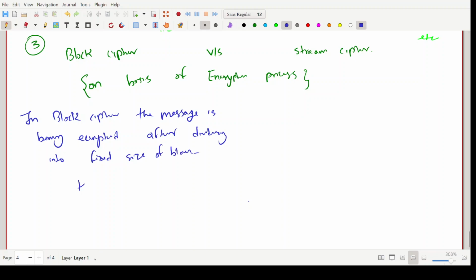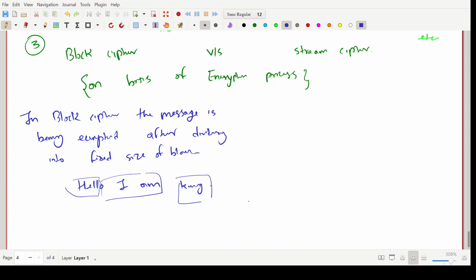That means suppose I'm having "Hello, I am king." So this will be divided. Suppose four letters I am dividing it: "Hello", and "I am", "king". So block of four words I am dividing it. Forget about if I'm skipping the space.